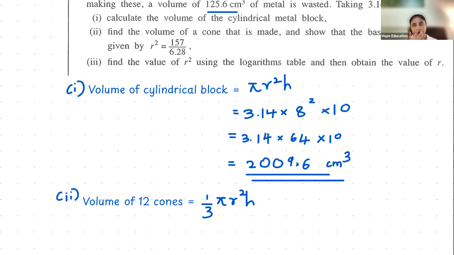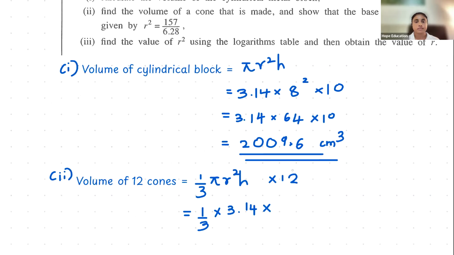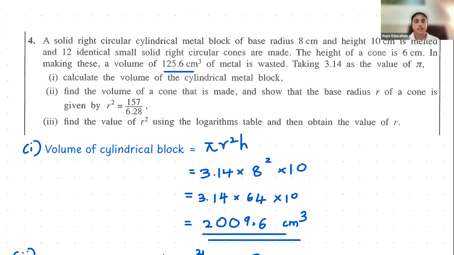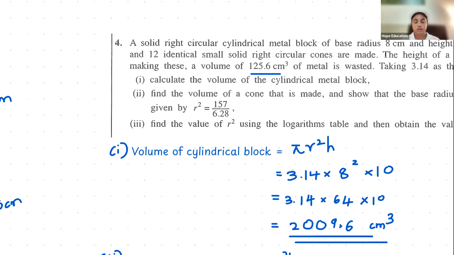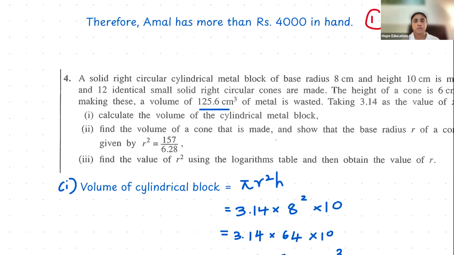I can do it in one step. So 1 over 3 pi, where pi is 3.14, times r squared. Sorry, the radius they have given? No, they have not.